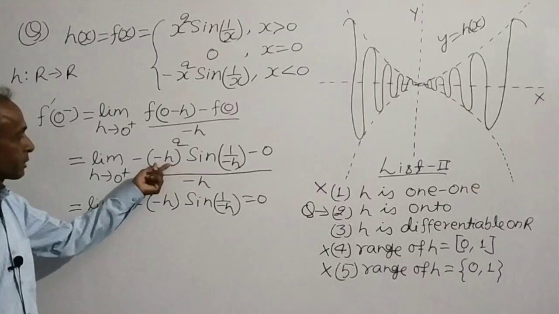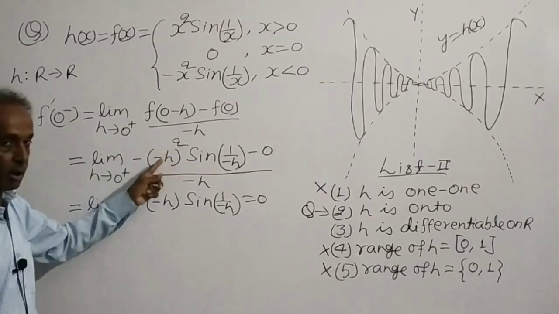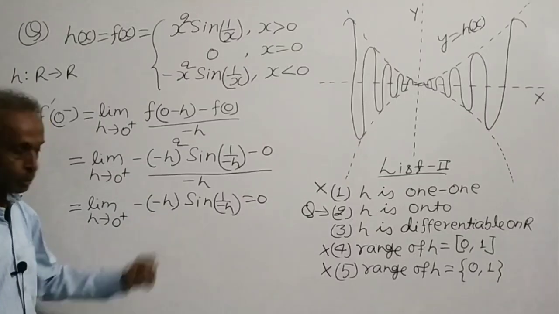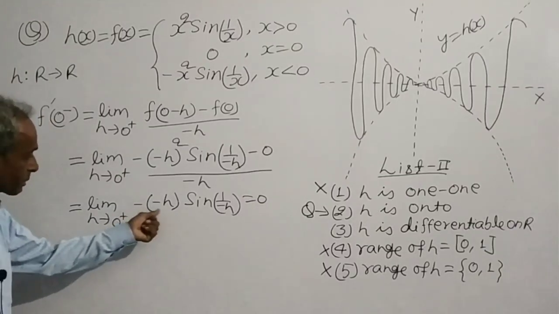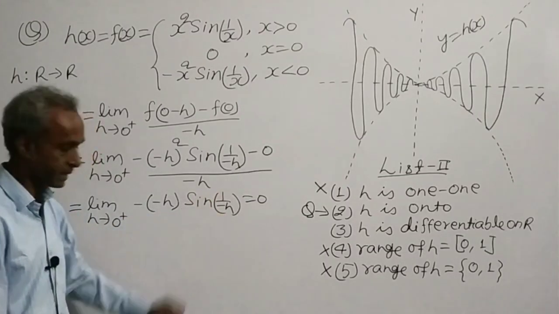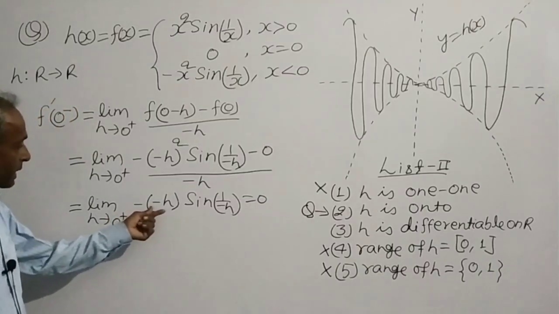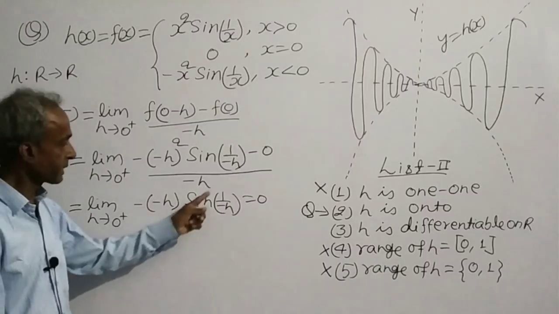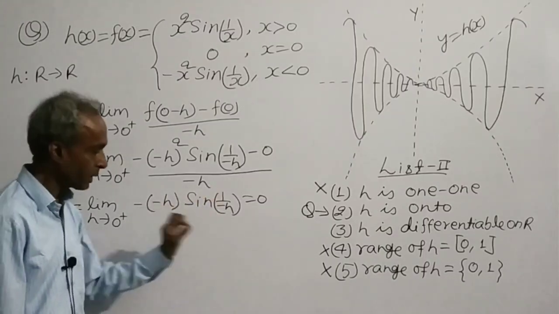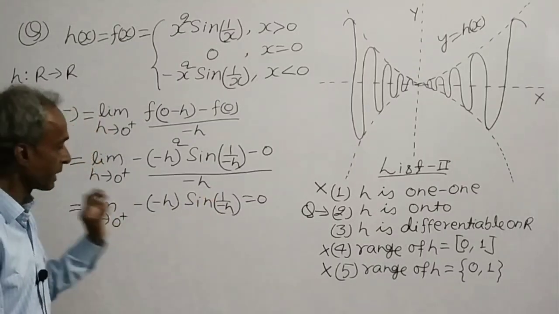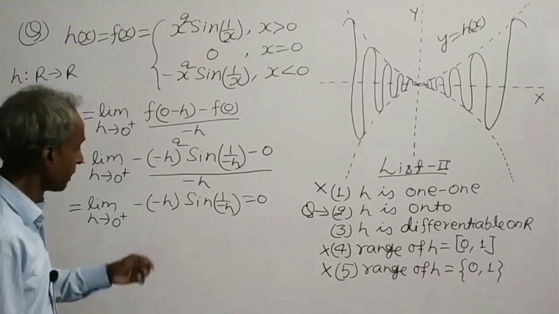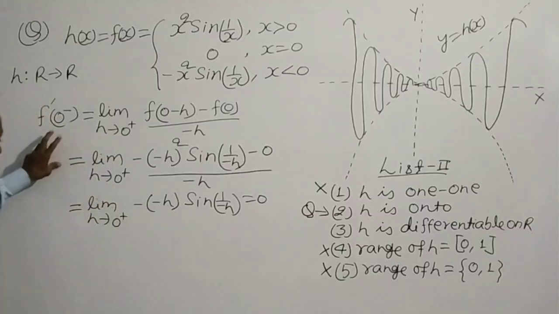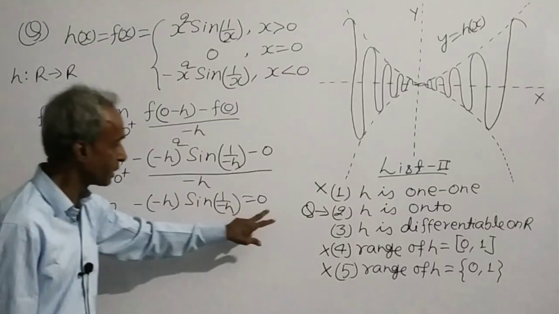This minus h will cancel one power of this minus h squared, and we will be left with minus h sine 1 by minus h. This minus h tends to 0, and sine 1 by minus h is a number between -1 and 1. This is not an indeterminate form; the result will be 0. That means the left-hand derivative is 0.